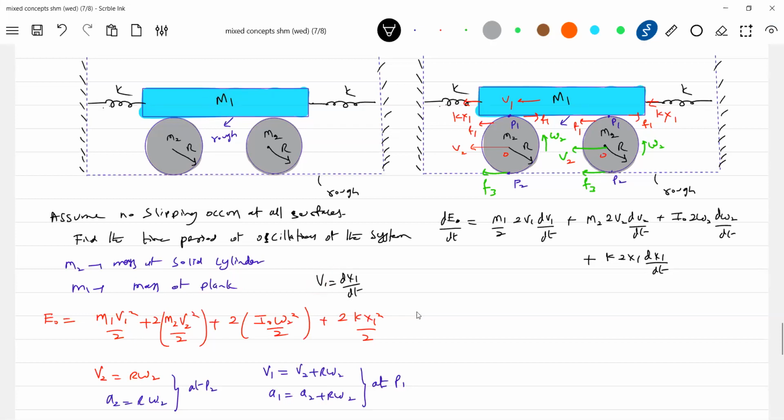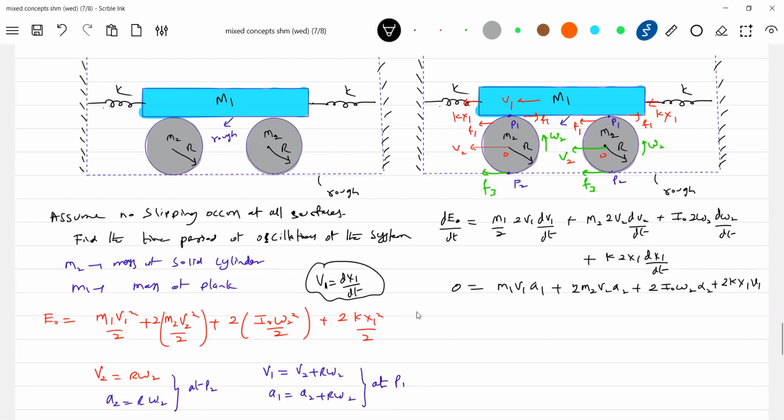Am I right? The displacement of the plank should be equal to the compression or elongation of the spring. If the plank moves by 1 centimeter, the spring will elongate by 1 centimeter, and this will compress by 1 centimeter. Therefore v1 equals dx1 by dt. So m1 v1 a1 plus 2 m2 v2 a2 plus 2 I naught omega 2 alpha 2 plus 2 k x1 v1.